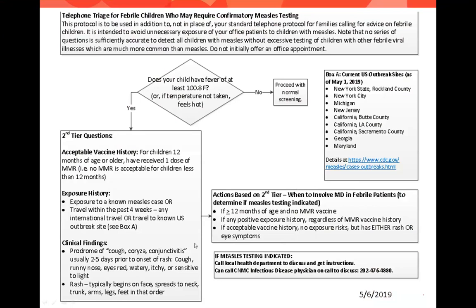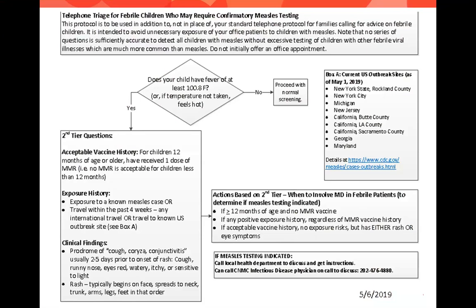And then if there's an acceptable vaccine history, no exposure risks, but the child has fever and either rash or eye symptoms in addition to the fever, then an MD should be involved to ask more questions, screen, and make a decision, based a little bit on what we talked about for the symptoms, if measles is truly a concern or not.